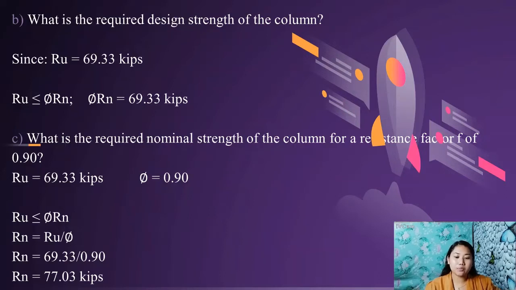Our ultimate strength is 69.33 kilopascal, then our resistance factor is 0.90. Then our nominal strength is 73.03 kilopascal.